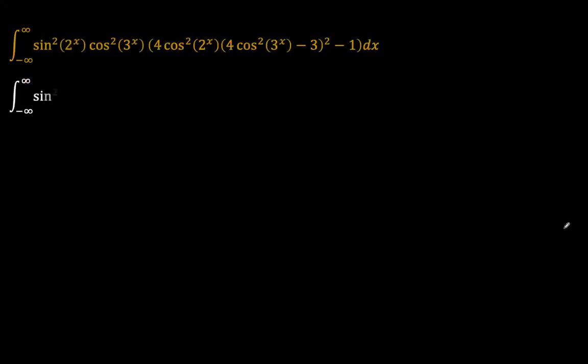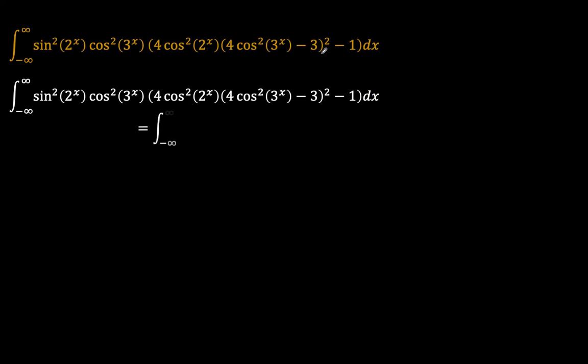So this problem is, as I said, quite intricate. The first thing that I would personally do is look at the innermost bracket, where we have 4 cosine squared 3 to the power x minus 3. What is interesting here is that we could play around with that.